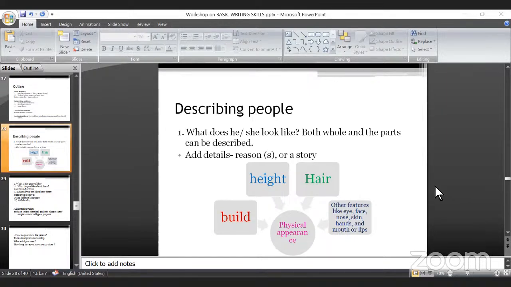Build refers to the person's physique, right? Nobody? Okay. The one that you can use easily is strong, right?